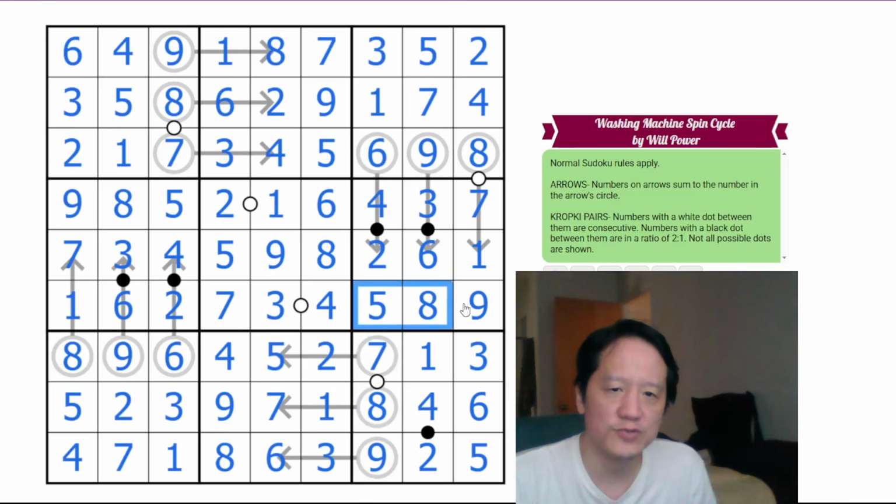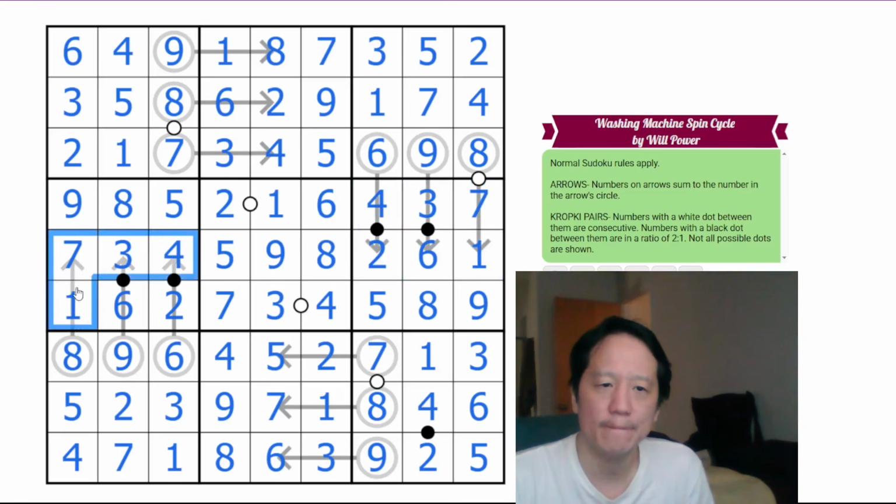Yeah, I probably should have started with this, I guess. But this was fairly easy to follow here. And then I realized that the arrows had to sum up to 3 unique digits. So it had to be at least 21 here, which restricted these digits a lot.